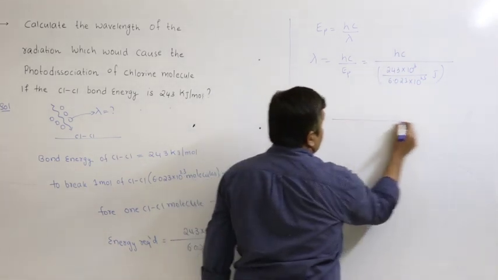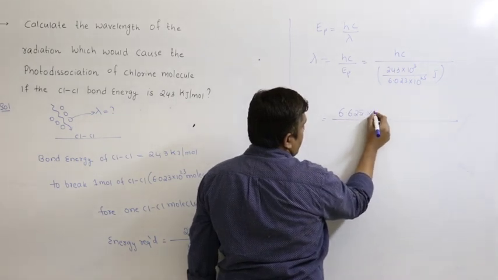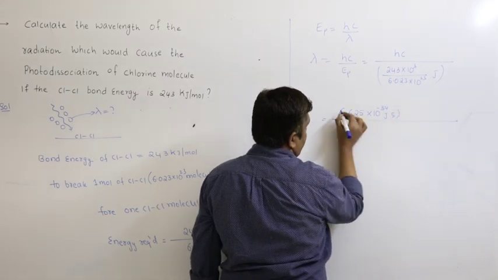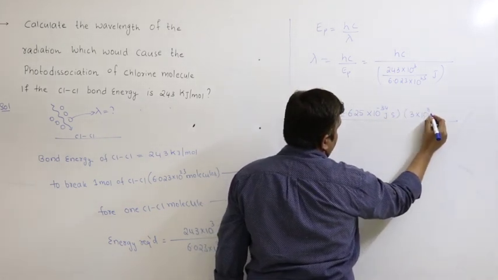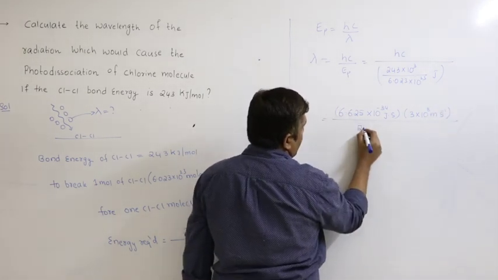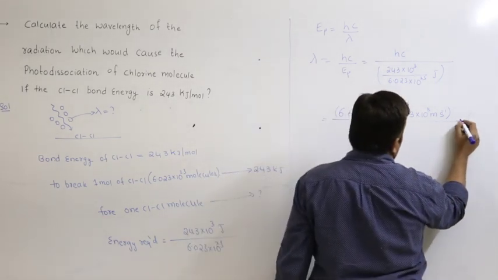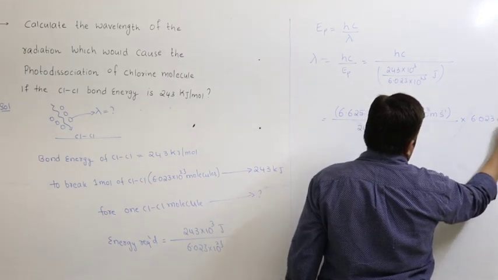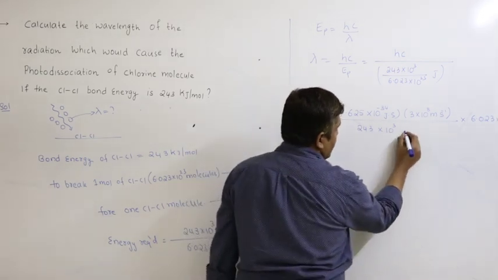So let us substitute. h is 6.625 into 10 power minus 34 joules second. Velocity of light 3 into 10 power 8 meter second inverse by 243 into 10 power 3. Now let us cancel the units first.